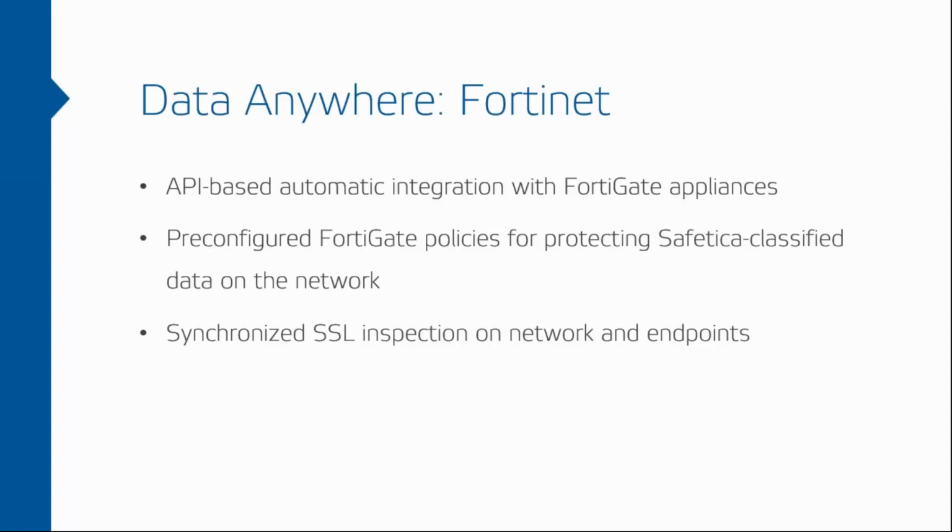And since Safetica pre-configures the appliance to recognize this and respond to it, you are able to either get an audit of these classified data flying through the network, or you can even go ahead and start protecting them, so you can block certain data classified by Safetica and extend the protection either by a second layer on the network or by ensuring that even devices without Safetica clients are protected.